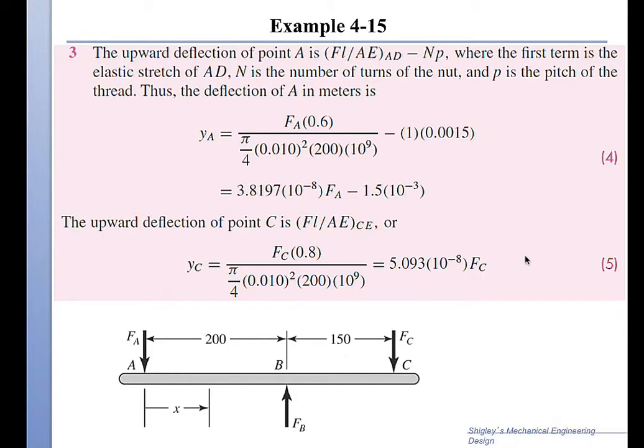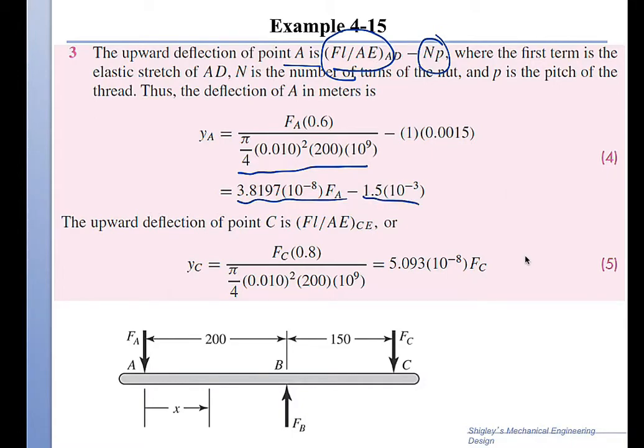So the upward deflection of point A is FL over AE minus the downward motion of the nut, which is the number of turns times the pitch. Therefore, the deflection has 2 components, one due to the force, which is unknown, and the other due to the motion of the nut.